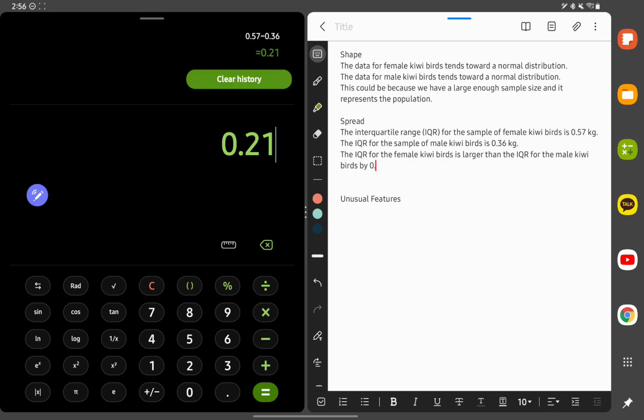It's bigger by 0.21. Oh, I keep saying kilometers. Yeah.